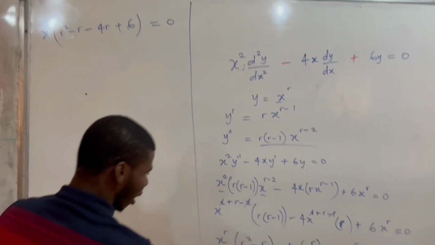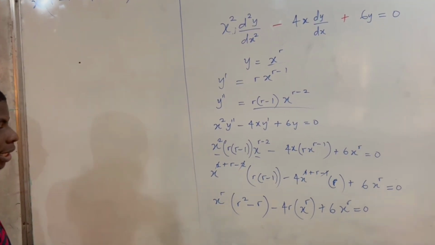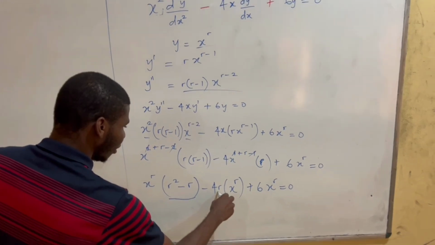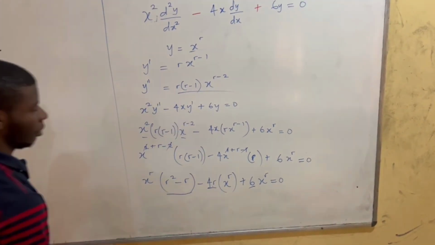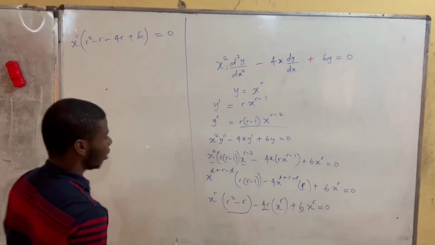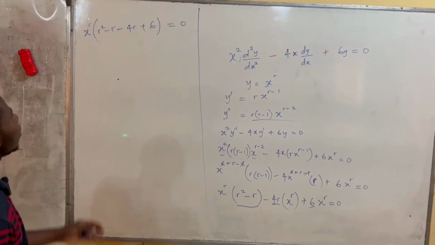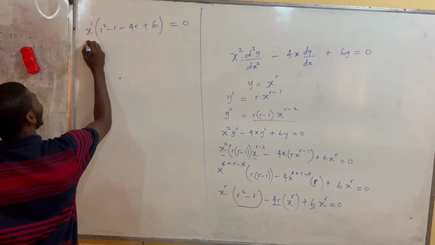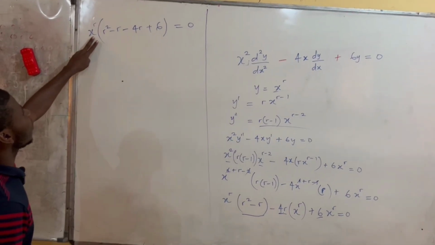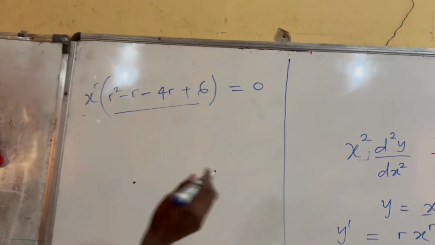From this line, we can see that x to the power of r is common. So what I just did is that I combined everything: r squared minus r minus 4r plus 6, then multiply by x to the power of r equals 0. And we know from normal reasoning, it's either x to the power of r equals 0 or this total expression equals 0.